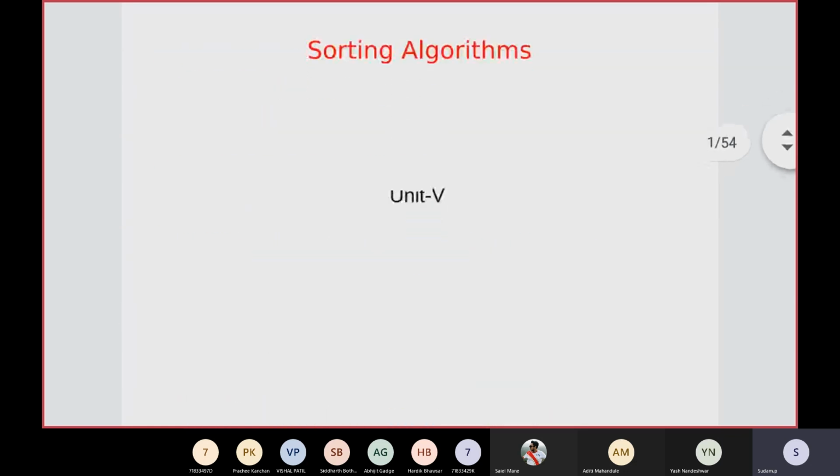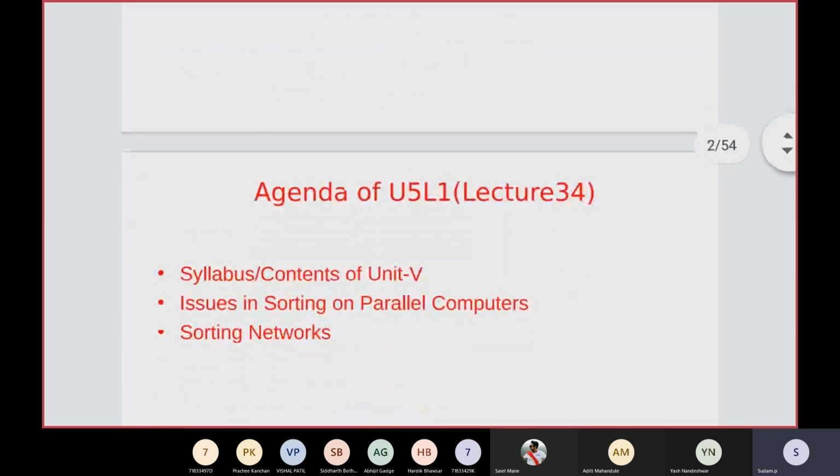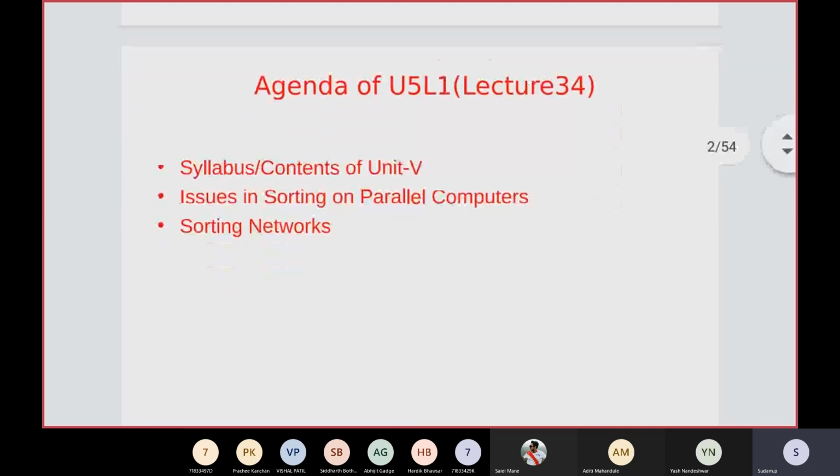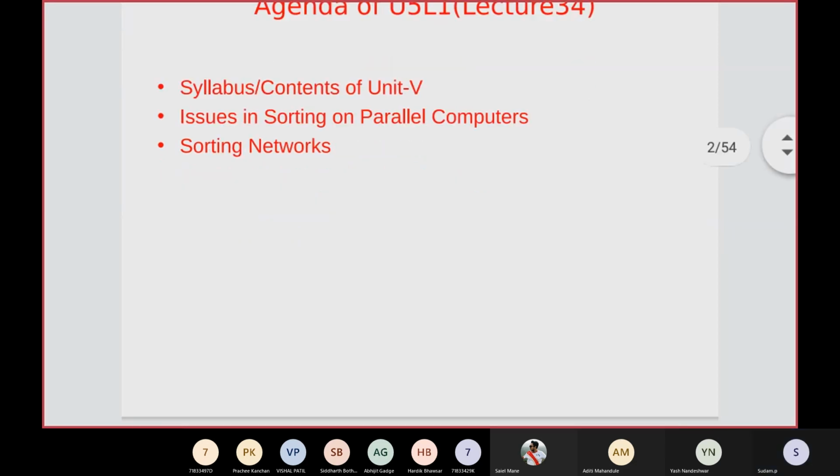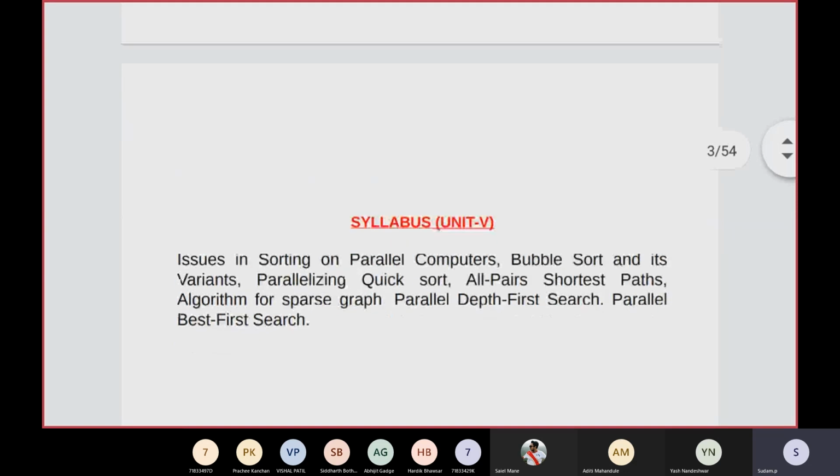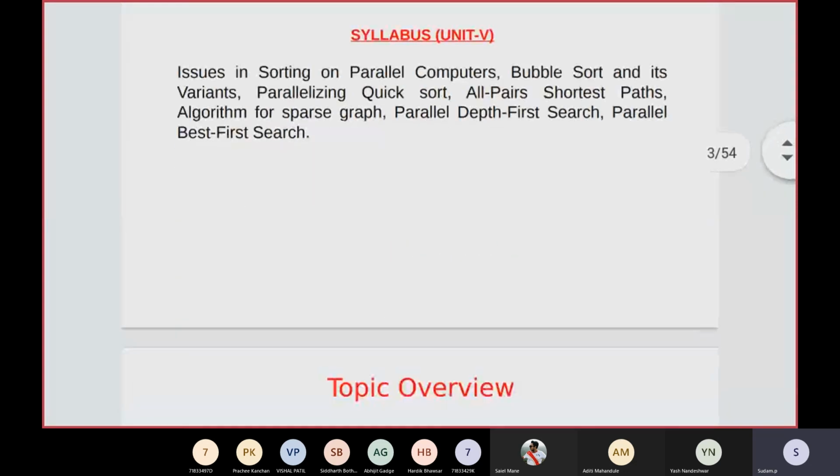As far as the agenda of today's lecture is concerned, we will see the syllabus content of unit number 5, then issues in sorting on parallel computers and sorting networks, and we'll also discuss bubble sort. So this is the syllabus of unit number 5 and its content.